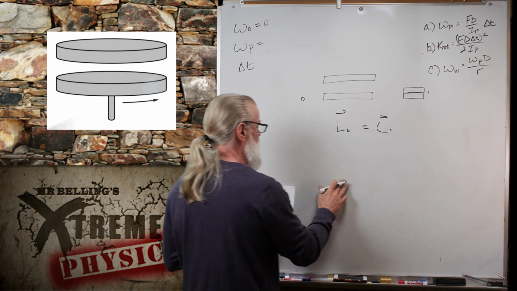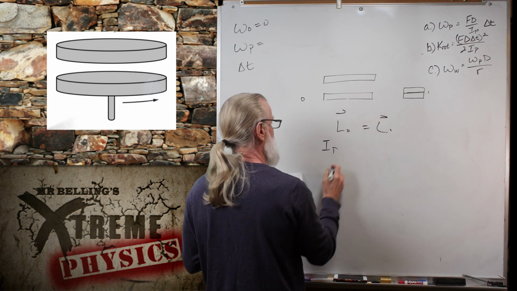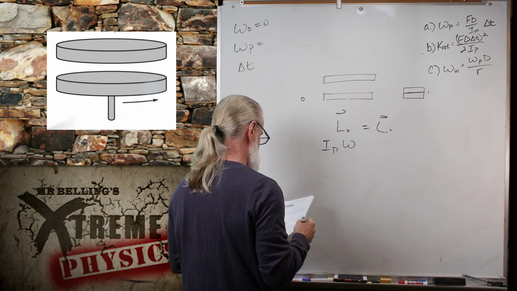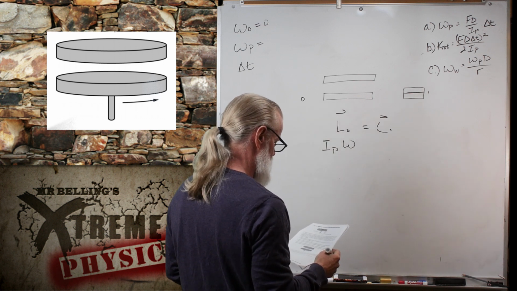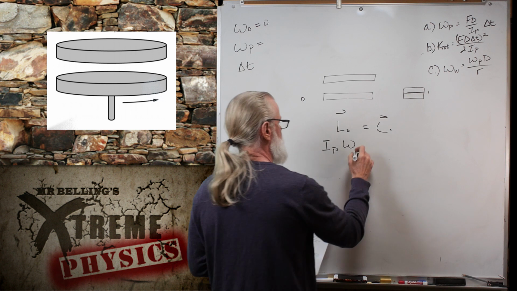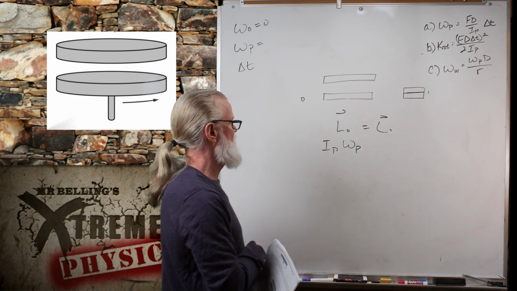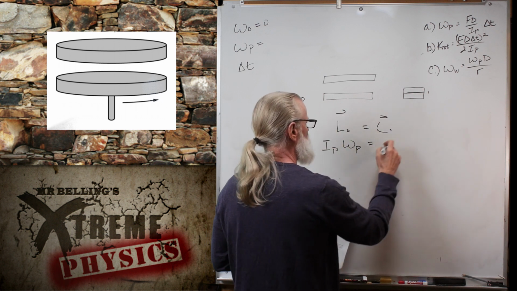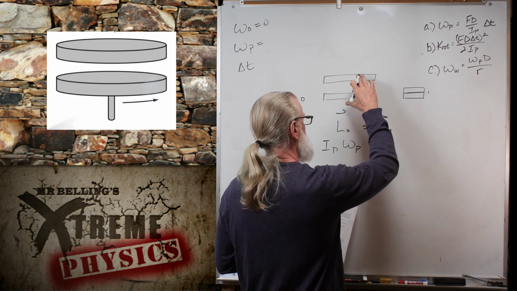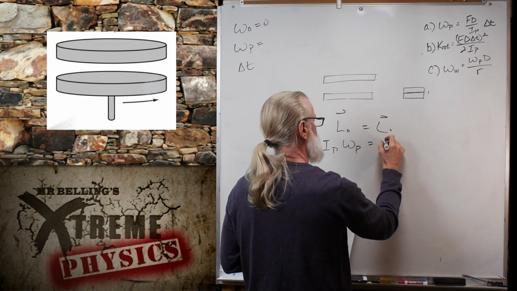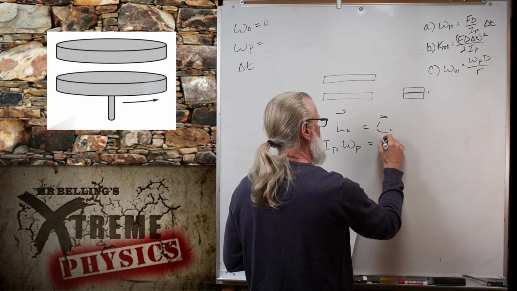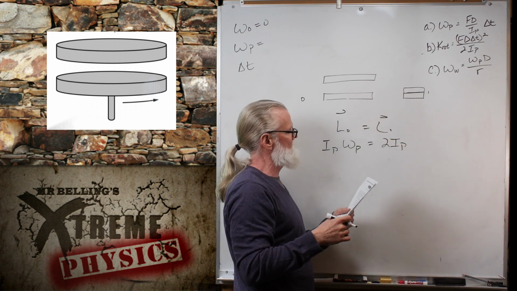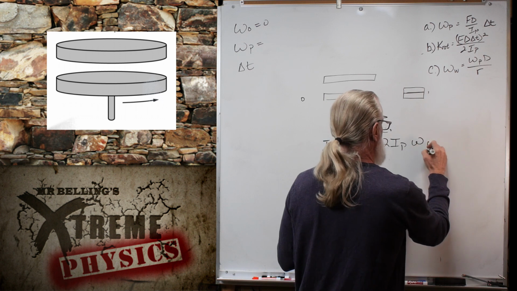We started off with I p, the platform's I, times omega. What was that called? That was called omega p. The initial was omega p before we dropped it. And then that is going to equal the angular momentum of both of them, which is going to be 2 I p times omega f, as they're calling it.